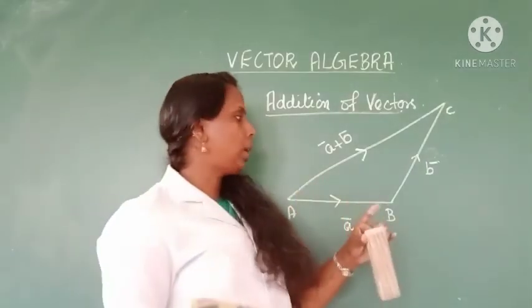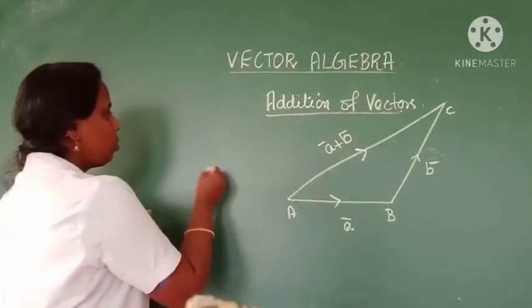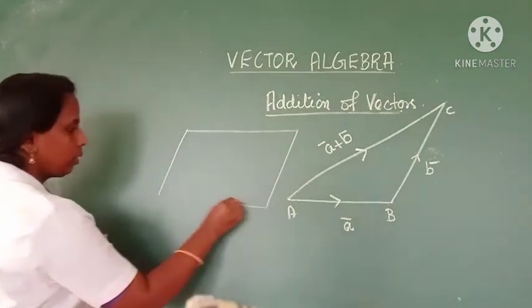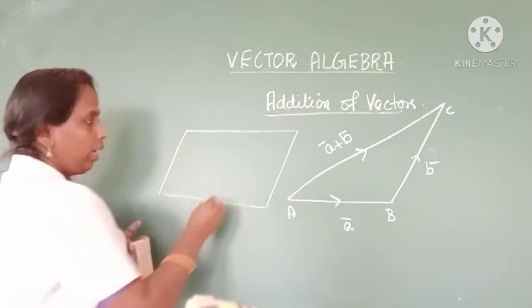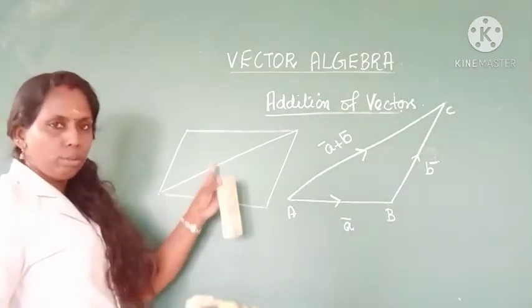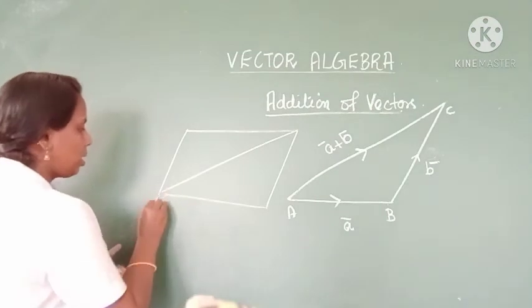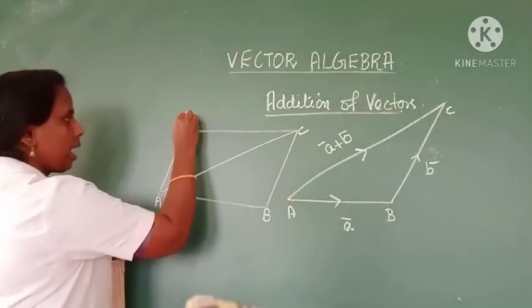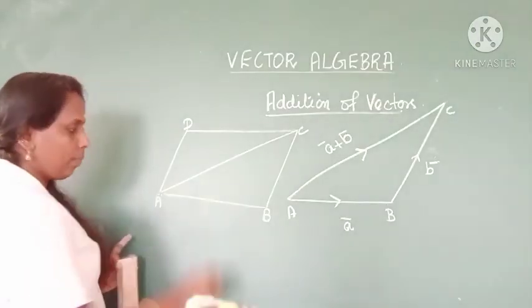At the same time, listen, if we draw a parallelogram, we know that in a parallelogram, a diagonal divides the parallelogram into two congruent triangles. Let us take this triangle as ABC, this triangle as ADC.